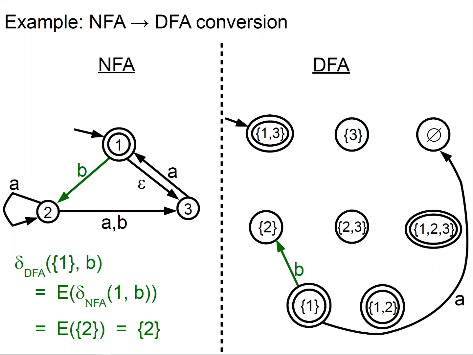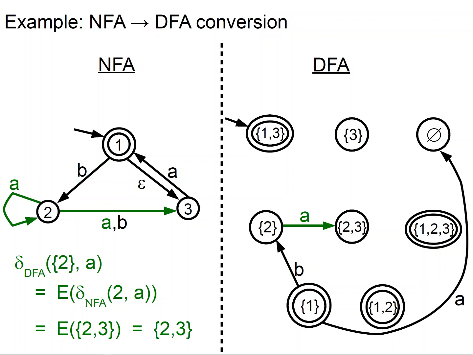Let's do another one. What if you read a B? It would be the epsilon closure of delta of 1, B, which is the epsilon closure of {2}, which is just {2}. Okay, let's now look from state 2.